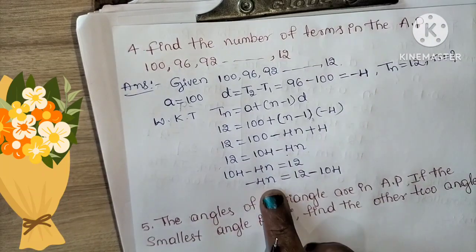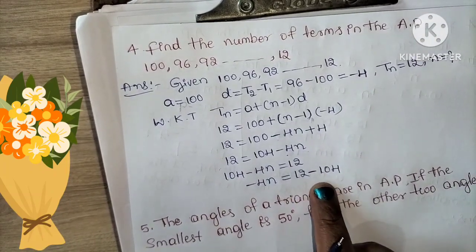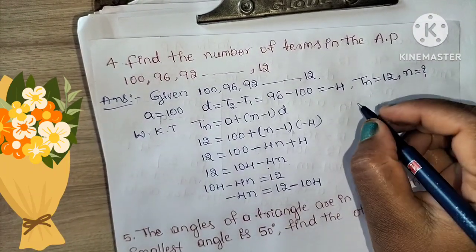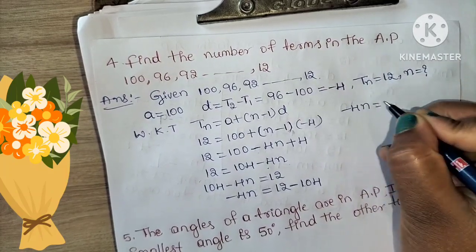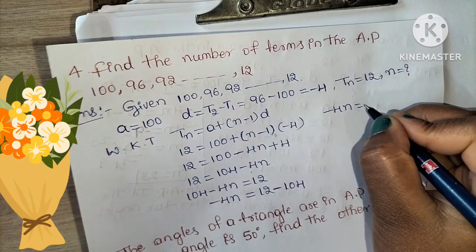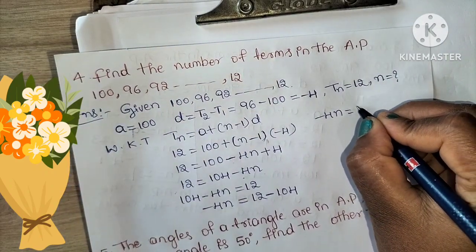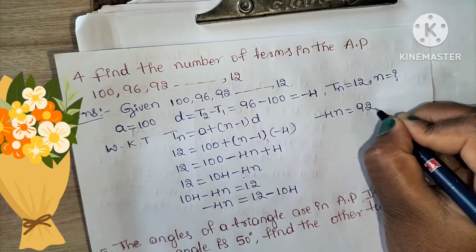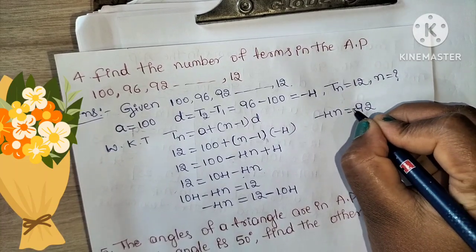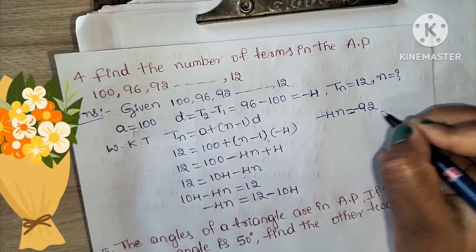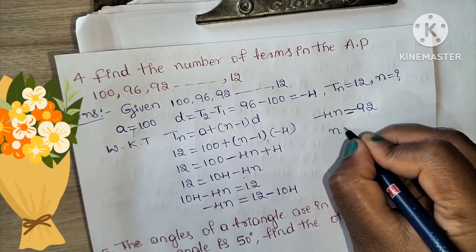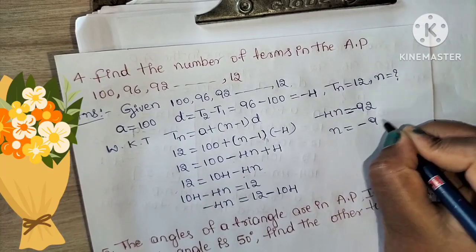If we take plus 104 from LHS to RHS, it becomes minus 104. Minus 4n is equal to 12 minus 104. 12 minus 104 we will get minus 92. So keep n on the LHS side, write down minus 92.